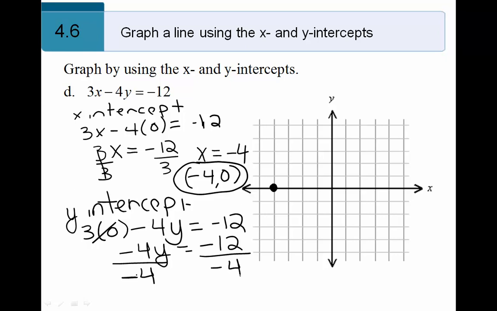So y is equal to positive 3. So your y-intercept is the point 0, 3. So that's left or right 0, up 3. 1, 2, 3. That point right there.